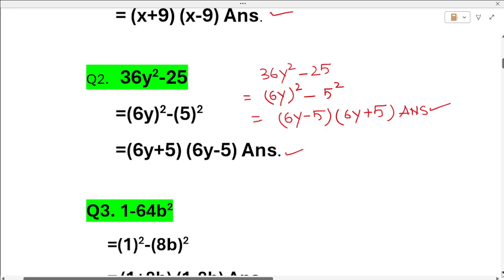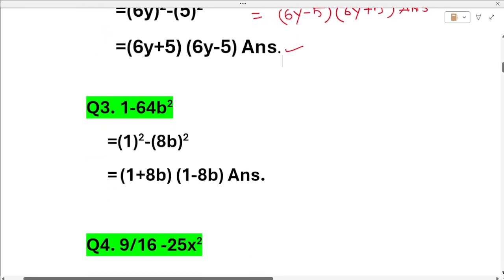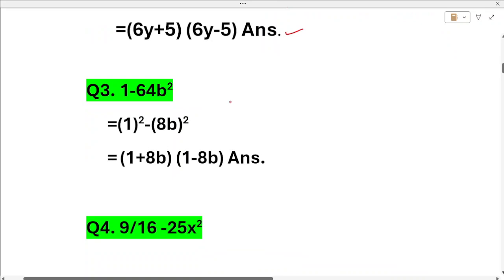Now the third question is 1 minus 64b square. The questions are very simple right now, but I have taken them up for your better understanding. Many of you may have completed this chapter in your schools, but I still want to take the chapter in case some of you have not.